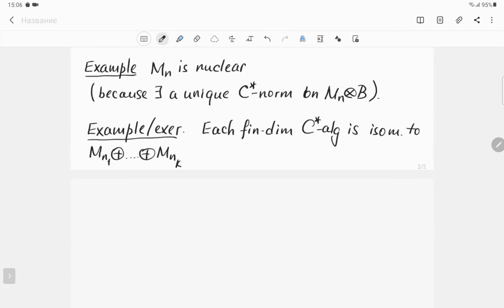And by using this, it's easy to deduce that a finite dimensional C-star algebra is nuclear.